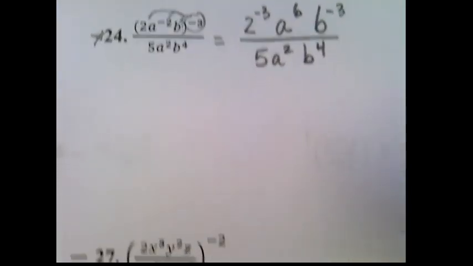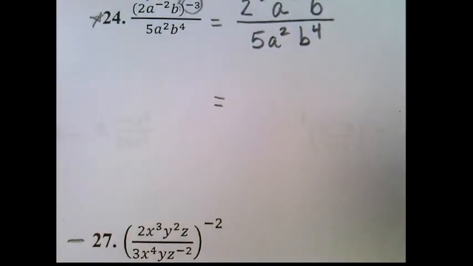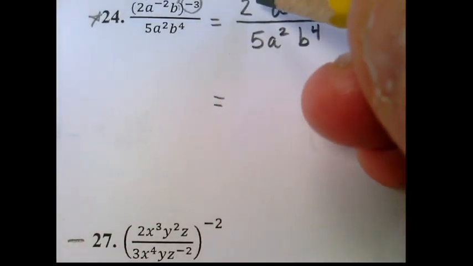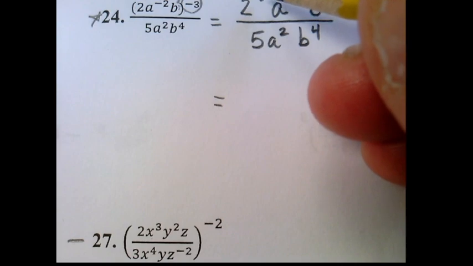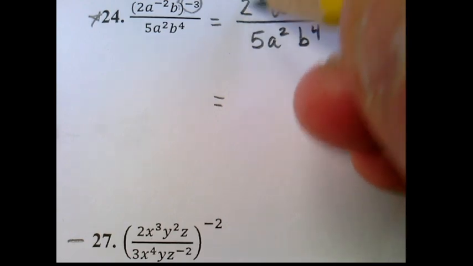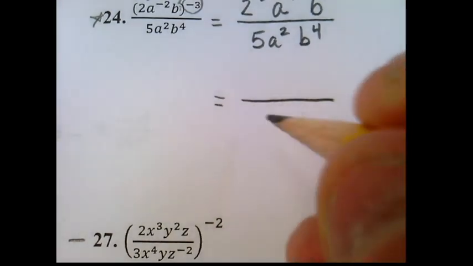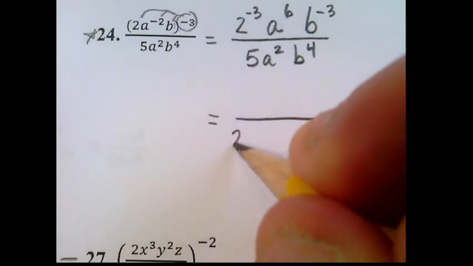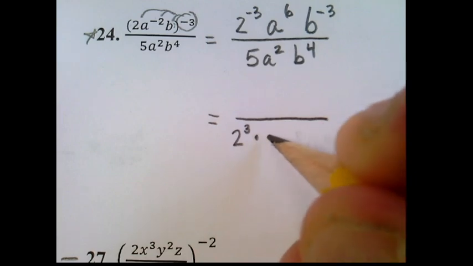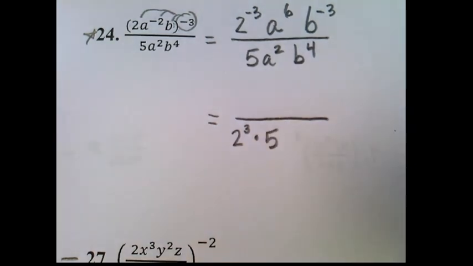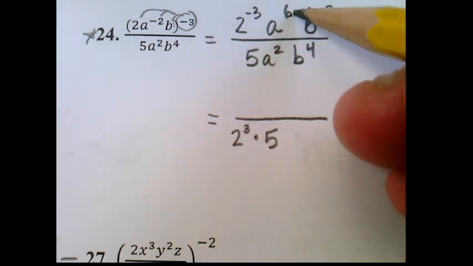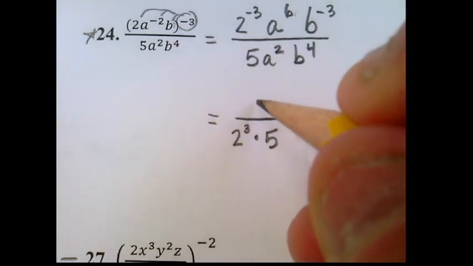Okay. Now from here, I have 2 to the -3, and 2 to the -3, it's going to go down as 2 to the 3rd. And that's going to be multiplied by the 5 in a moment. Now, a to the 6th divided by a to the 2nd, 6 minus 2 is 4.